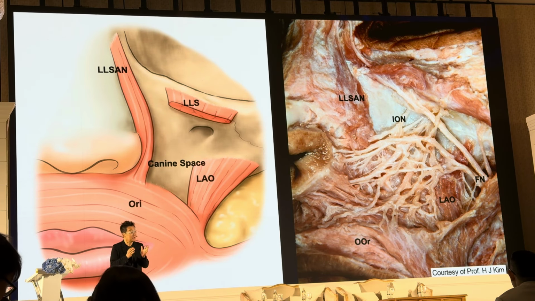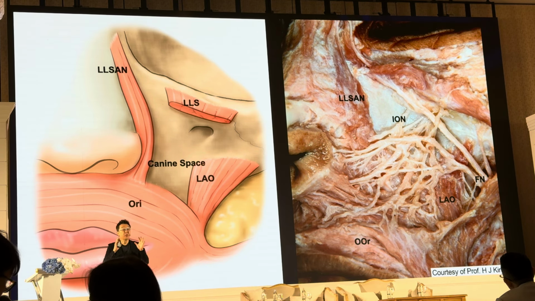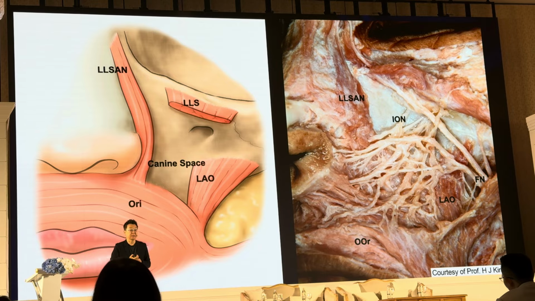As you can see, many doctors worry about the vascular structures, or some fat tissues. As you can see, in this space many nerve branches are entangled. These are the most important structures, more than the fat or vascular structures. So these are the facial nerve and infraorbital nerve branches.